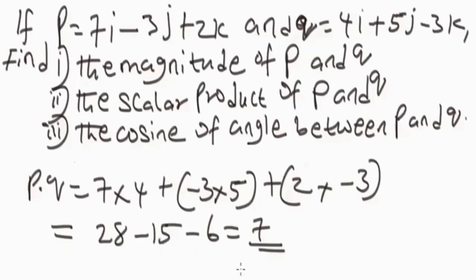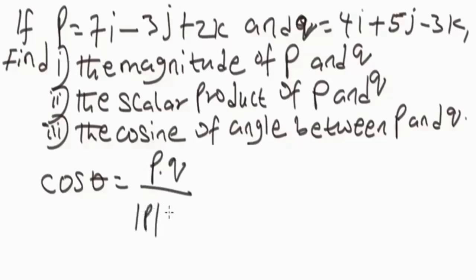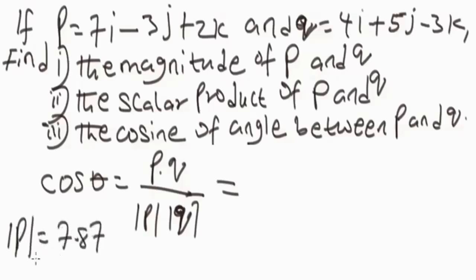Let's solve the last question, which is the cosine of the angle between P and Q. The cosine of the angle between vector P and Q will be cos theta equals the scalar product, that's the dot product between P and Q, over the magnitude of vector P times the magnitude of vector Q. Remember, the magnitude of vector P we got to be 7.87, and that of vector Q we got to be 7.07.